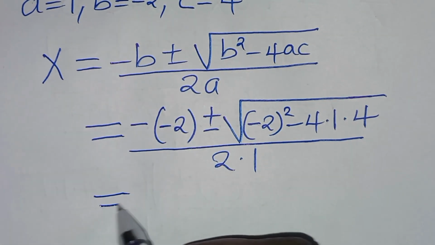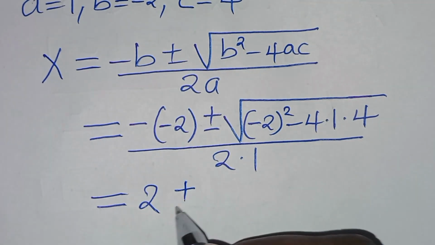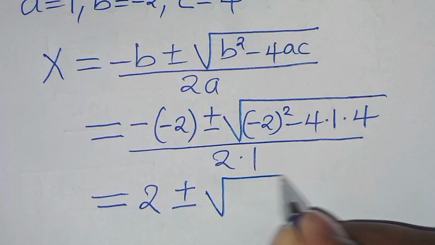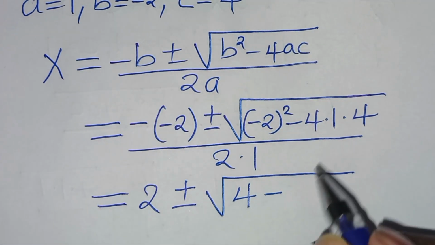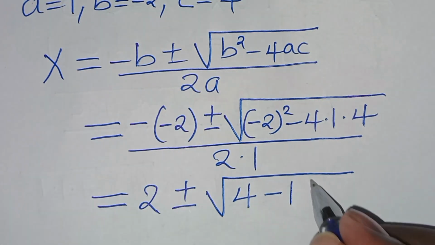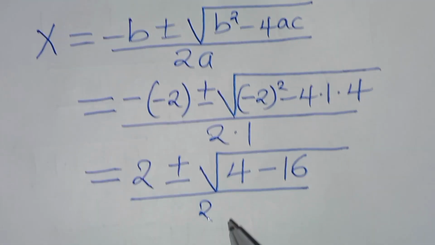The next step from here, minus times minus 2 is 2, plus or minus the square root of (minus 2) squared, which is 4, minus 4 times 4, which is 16, everything divided by 2.